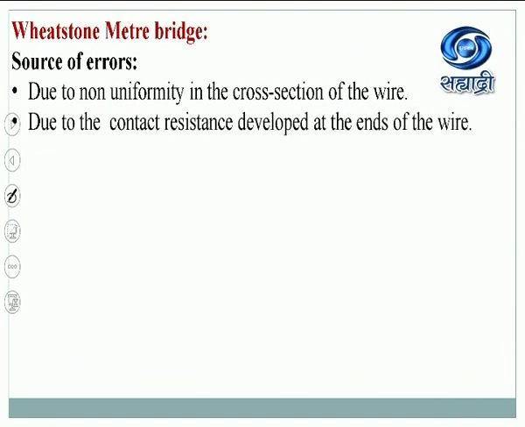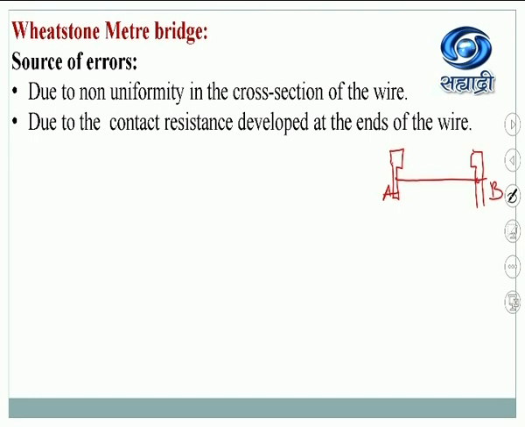Next, the error due to the contact resistance developed at the ends of the wire. We had seen that this is a wire AB fixed on the support, and this is our L-shaped strip, this is one, and this is another. Here, contact resistances are developed. Now suppose we have taken the balancing length at the center of the wire. For example, the resistance is say 50 ohm, and this is also 50 ohm. Taking 1 ohm per centimeter, this length is 50 centimeter and this length is also 50 centimeter.